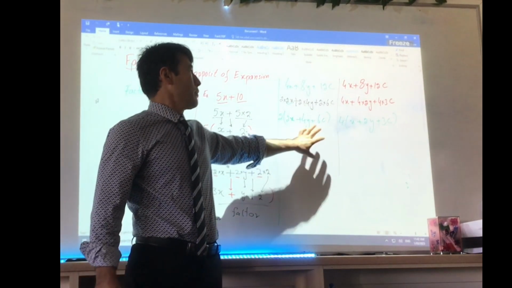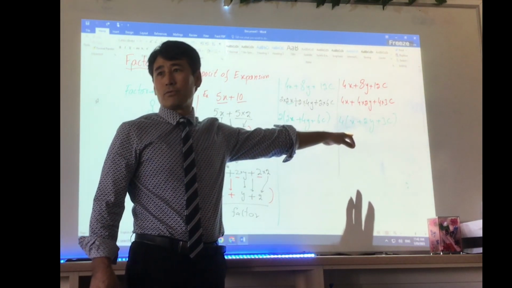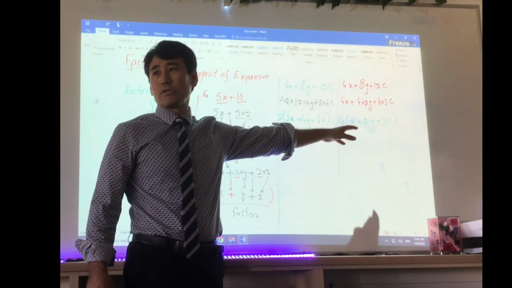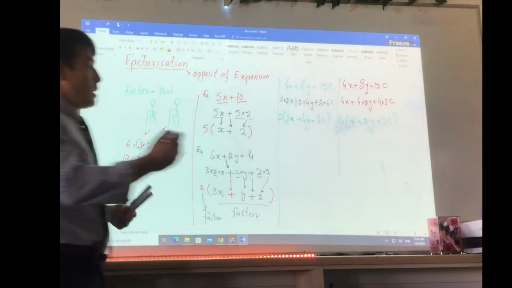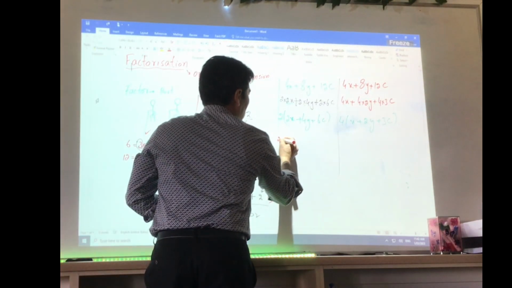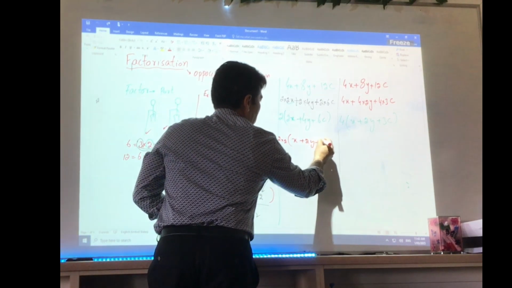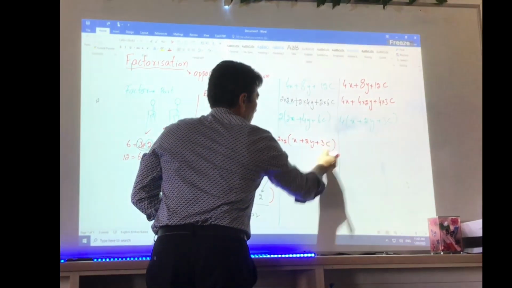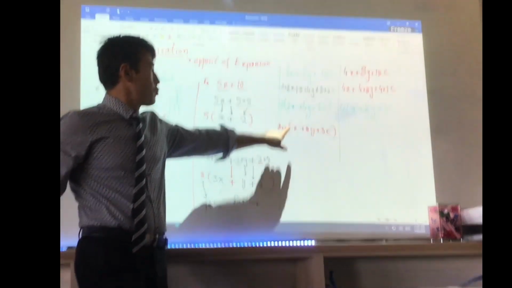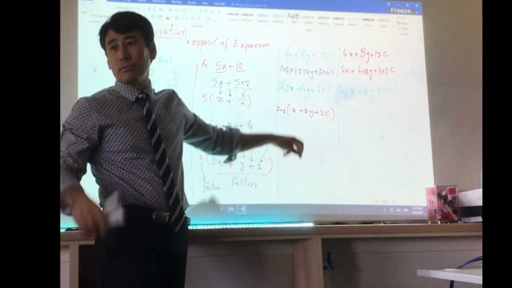If you practice, you go straight to that part. Just take the greatest common factor. Again take 2 common, so that will be x plus 2y plus 3c. Now you see, I didn't take these 2 common, I took the other 2 common, right?